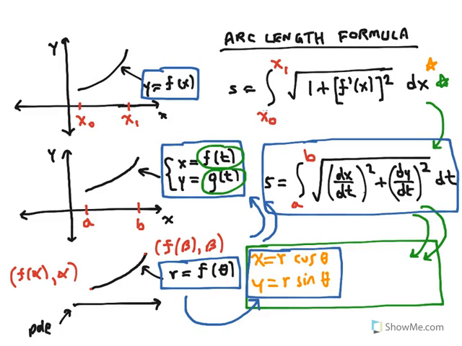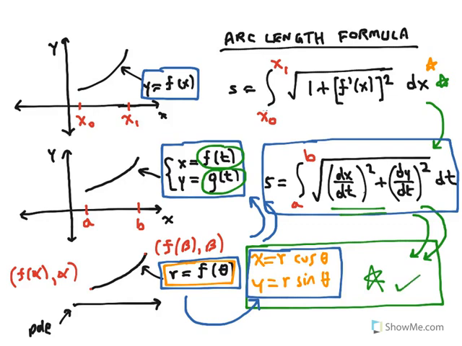r is equal to f of theta, your polar equation, without having to go through converting it to a set of parametric equations. So we do the conversion for the sake of seeing how the integration formula for finding arc length in polar form is derived from the integration formula for finding arc length for a curve given by a set of parametric equations.